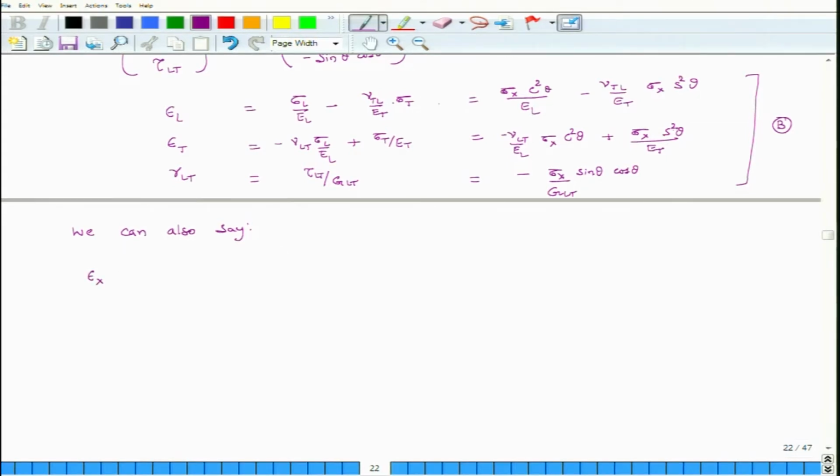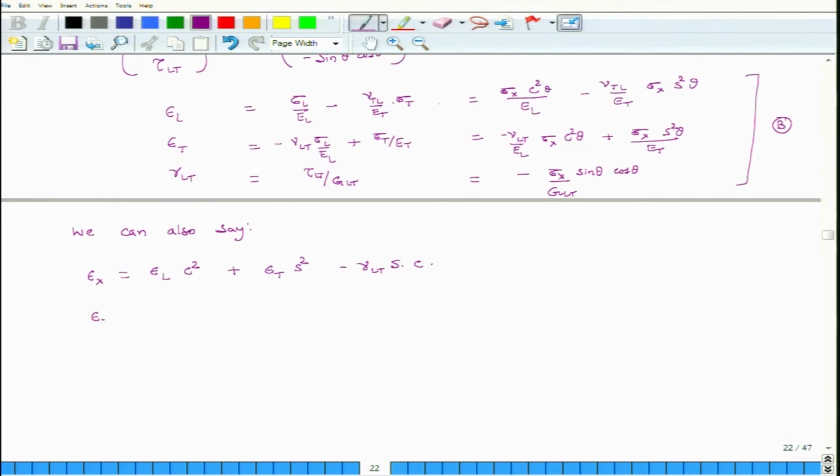So, epsilon x is equal to epsilon L times cosine square theta plus epsilon T times sine square theta minus gamma LT times sine theta cosine theta, and this comes directly from the strain transformation equations when we are dealing with engineering strains.